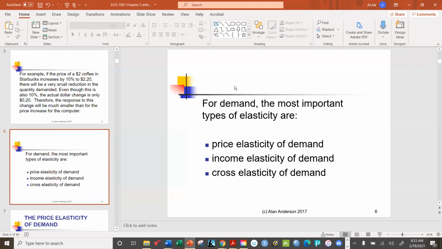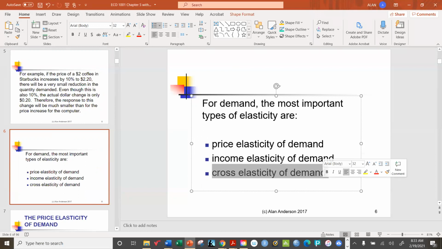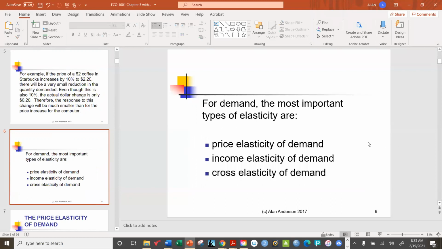Although there are more, these are probably the three most important ones. And the one we've been looking at up to this point is the price elasticity of demand. But later on today, we'll also be looking at the income elasticity of demand. And then, of course, the cross elasticity of demand. These are not quite as complicated, but they're awfully important too.